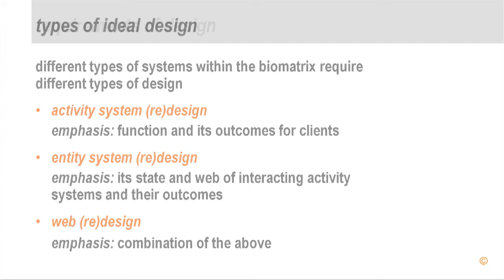What are requirements of an ideal design in general? According to the general system theory, especially the ideal system redesign school, such as represented by Ackoff and Gharajedaghi, they say an ideal design should be technologically feasible. So we shouldn't make a design that is so ideal that we don't have the technology.